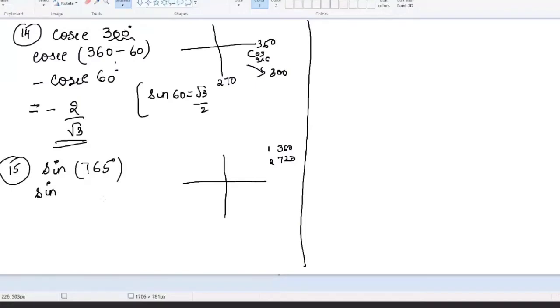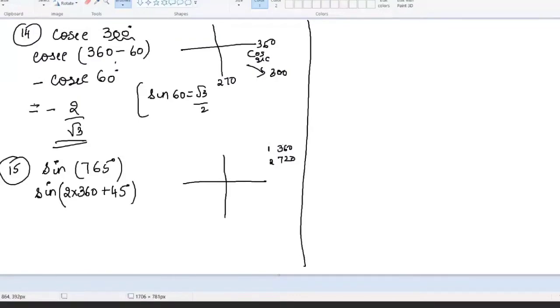So this 765, first let us write 2 into 360, that is 720, plus 45. This is the way we have to write it. You can directly do it also, but go according to the steps as I'm explaining. One time I subtract, 765 minus 360, I still got a number more than 360.